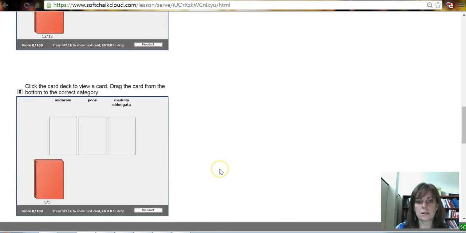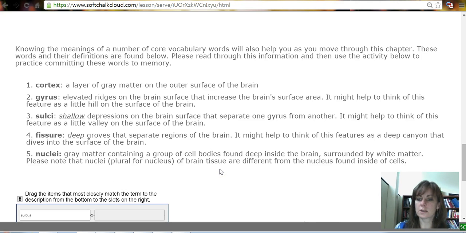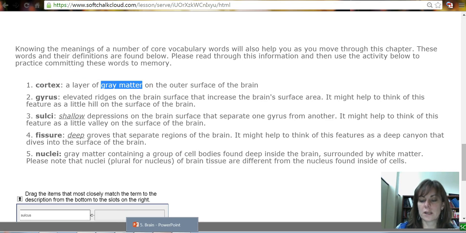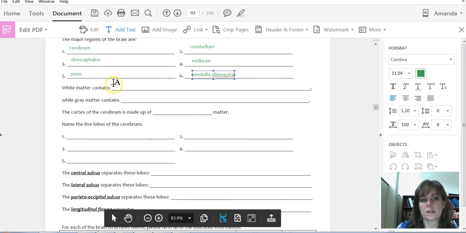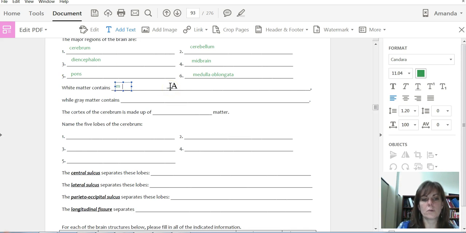Now something else that I also want to point out is there's some general terminology that you need to remember. The first thing I want to point out is number one here talks about gray matter. We discussed this in chapter 12, but there's a part in your notes that says white matter contains, and for the most part what it's going to contain is myelinated axons.